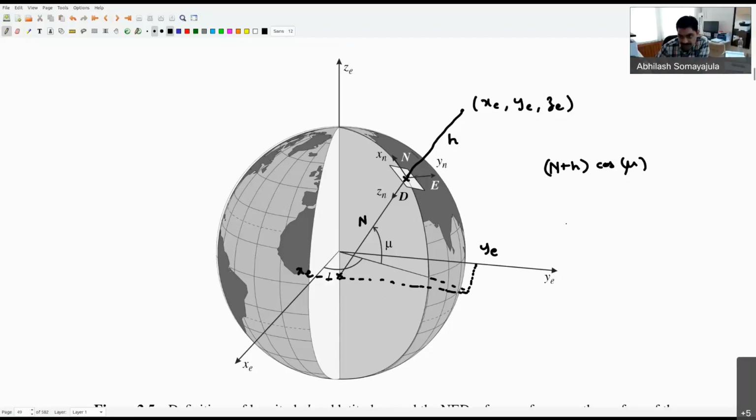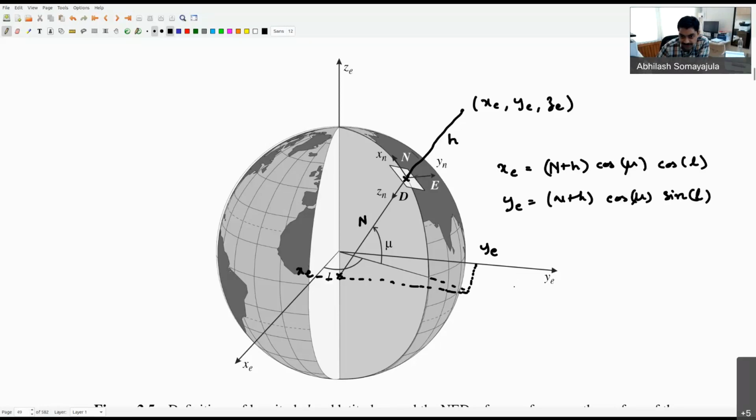That will be sine and cosine of L. So that is all I am saying. So (N + h) cosine of mu times cosine of L would be xe and ye would be the same thing, N plus h cosine of mu times sine of L.